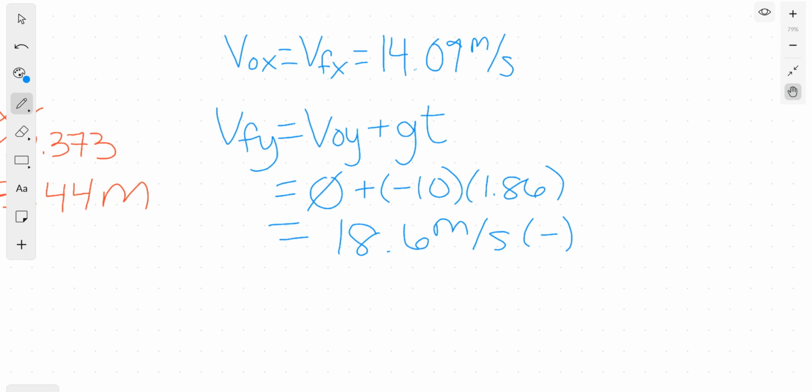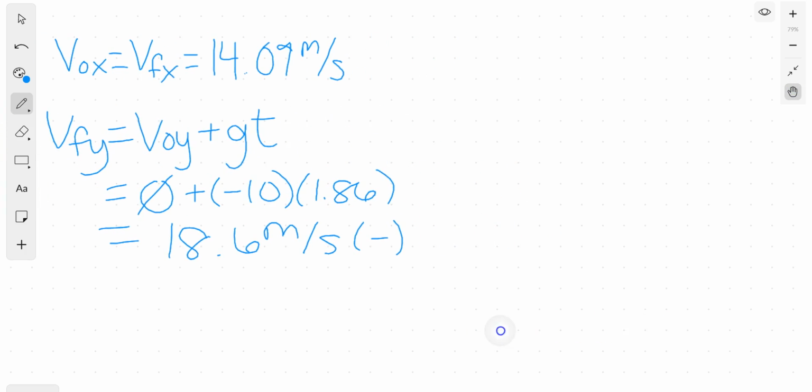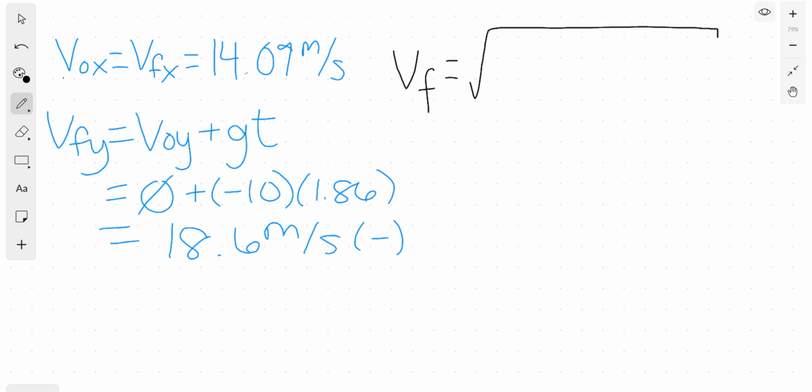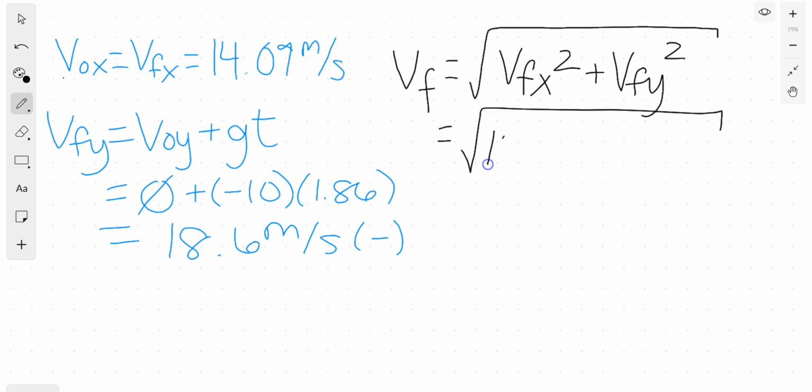So we're moving forward 14.09 meters per second and down 18.6, which gives us an ultimate resultant velocity, your impact velocity, based on this formula. V final is equal to the square root of V final x squared plus V final y squared. So that's the square root of 14.09 squared plus 18.6 squared, and you can get rid of the negative because the square of a negative is a positive number.